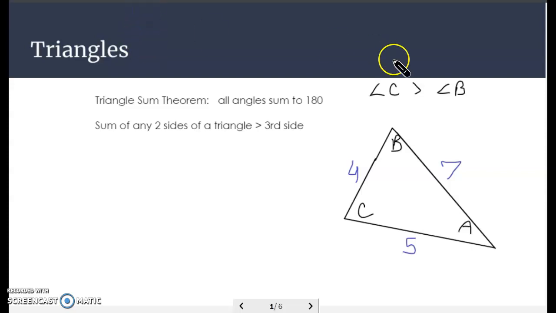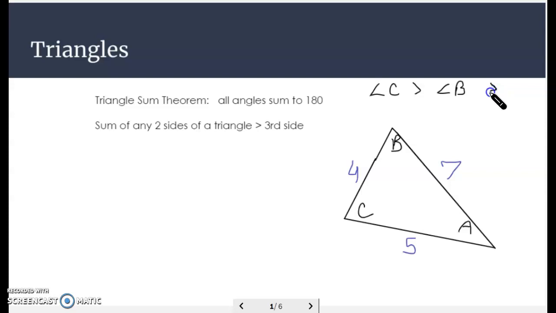And finally, angle B and angle C would both be greater than the measure of angle A. Let me put little m's here to show measurement: measure of angle B, measure of angle C. And I know my angle symbols are a little bit confusing with the greater than symbols.